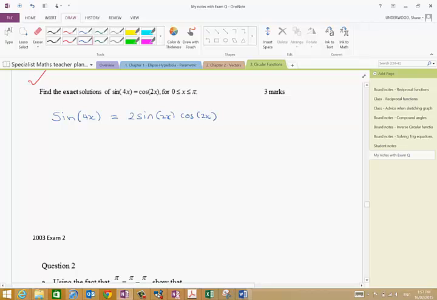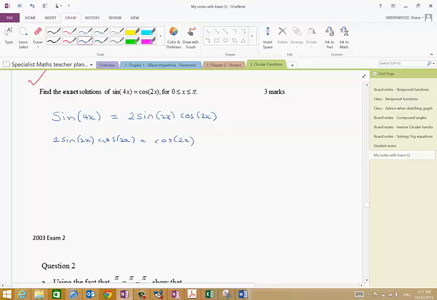So I'm now going to replace sine of 4x on the left-hand side with the right-hand side. 2 sine of 2x cos of 2x, ooh, that's ugly, is equal to cos of 2x.